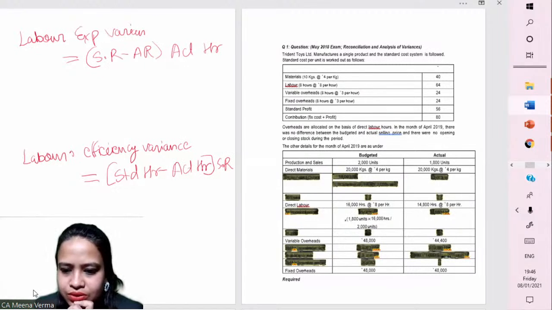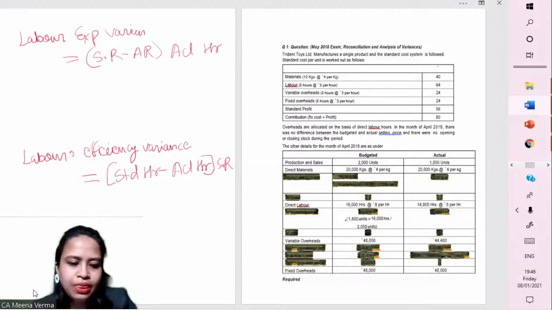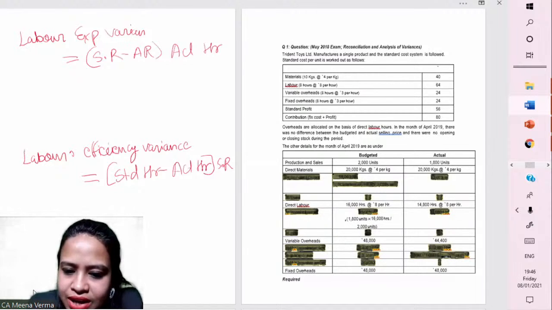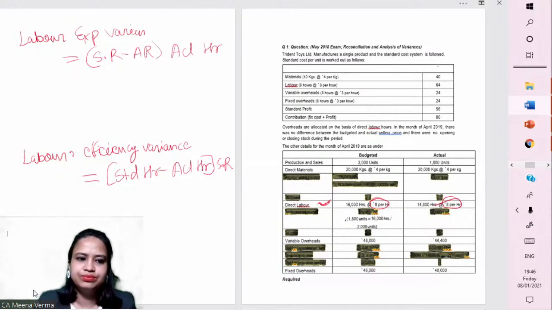Okay, find it. Standard rate, actual rate. Okay. Now, if you will see the question, you can see in the question it is given for the direct labor that the standard rate is rupees 8. Actual rate is rupees 8.